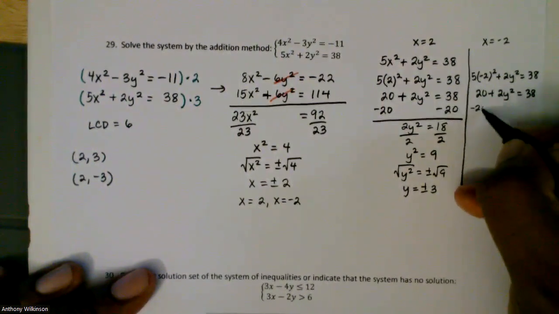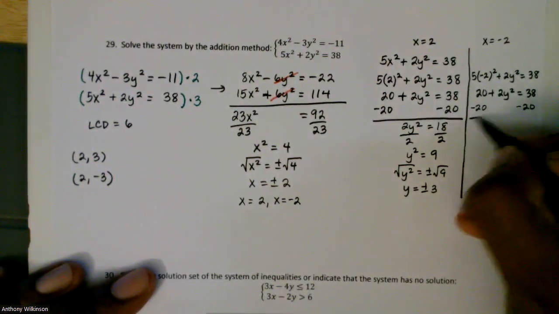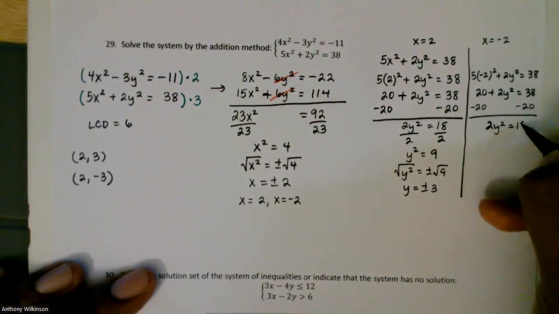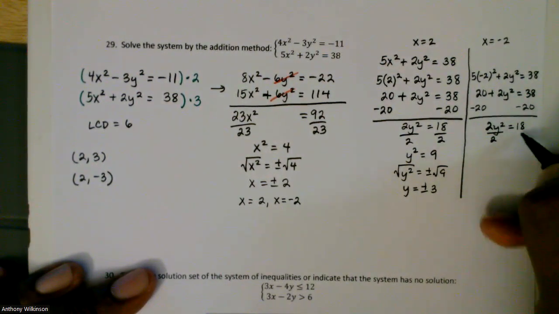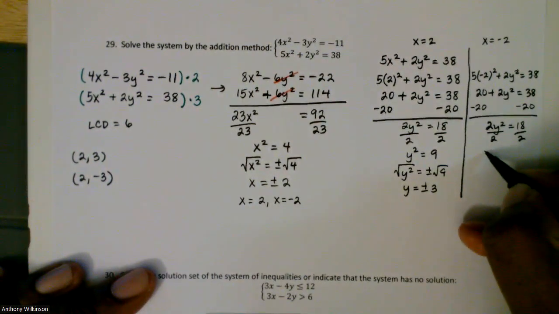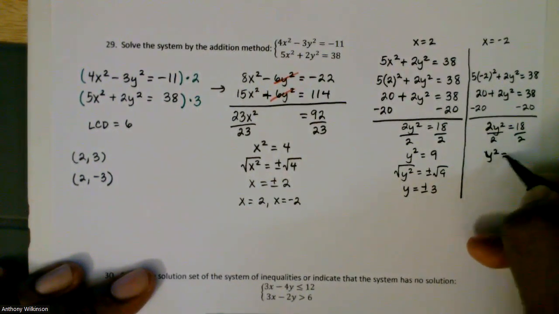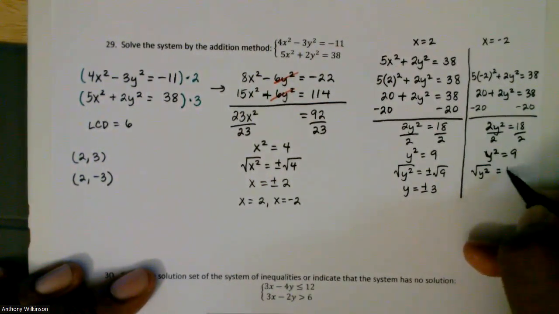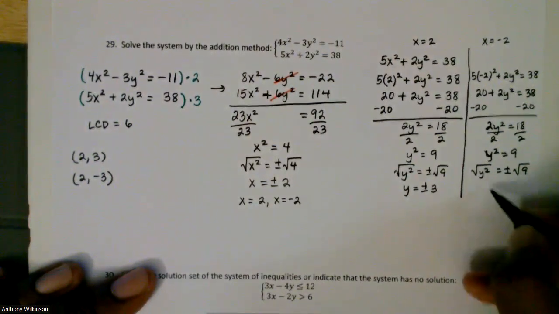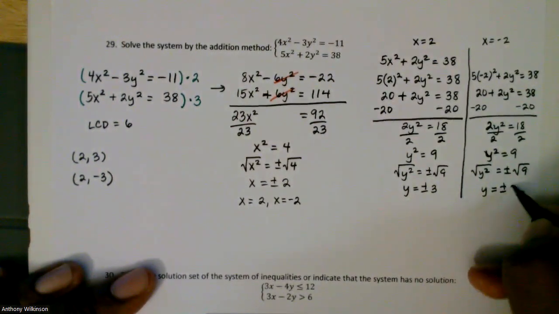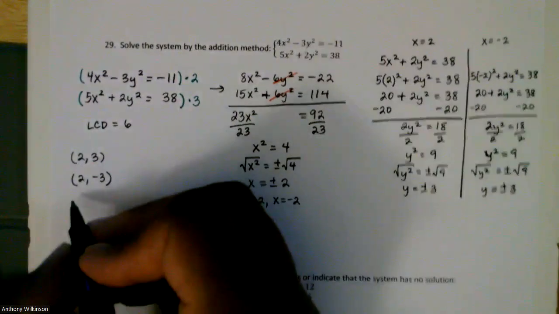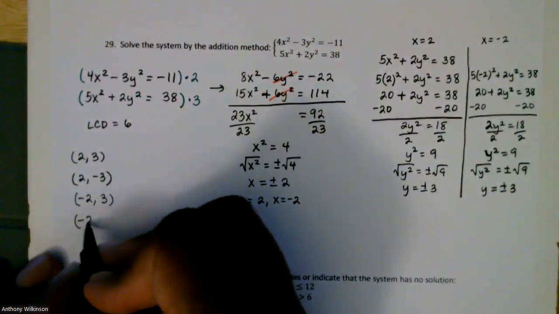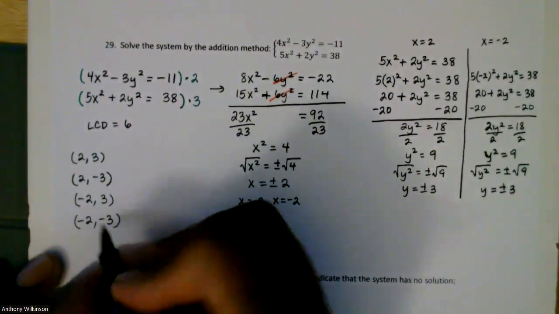Okay? So if I subtract 20 on both sides, that means 2y squared is equal to 18. You're still going to divide both sides by 2 to get y squared is equal to 9. Take the square root on both sides and include that plus or minus symbol. That means y is equal to plus or minus 3 still. So for x equal negative 2, it'll be positive 3. And for negative 2, it'll be negative 3.